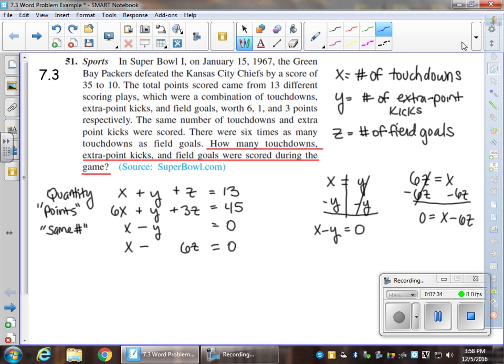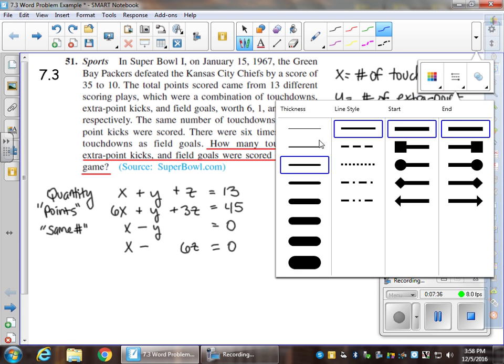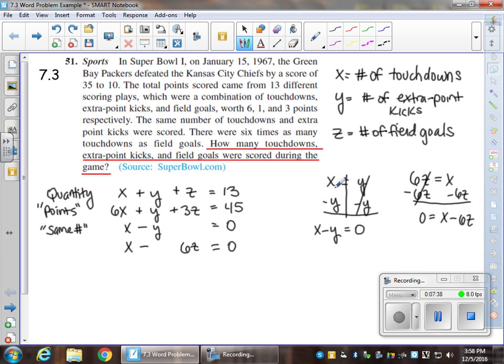Just to add a little bit more labeling in terms of where these equations came from. Remember, this was touchdowns equals the number of extra point kicks.